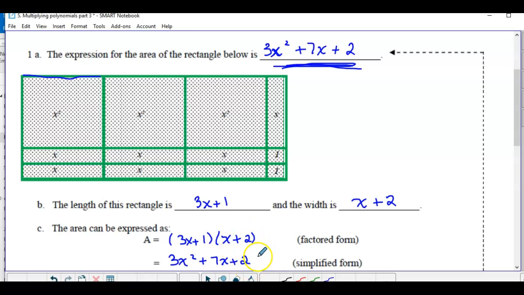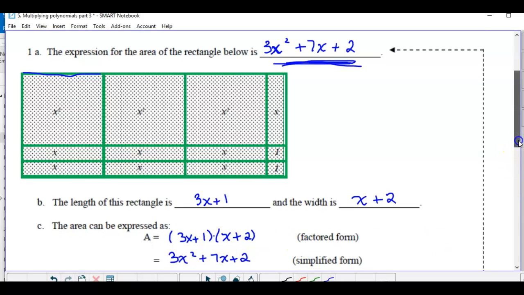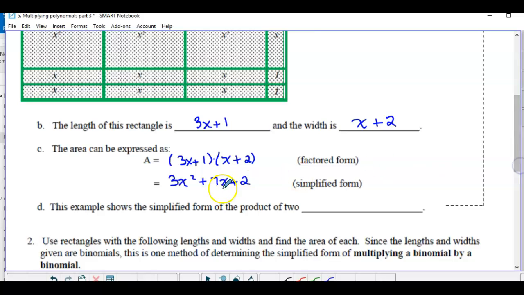And this is factored form because remember, it's shown as a multiplication. So factors are numbers or polynomials that are multiplied together, and these are multiplied together. So that's called factored form. So today we really want to learn how to go from factored form to simplified form.